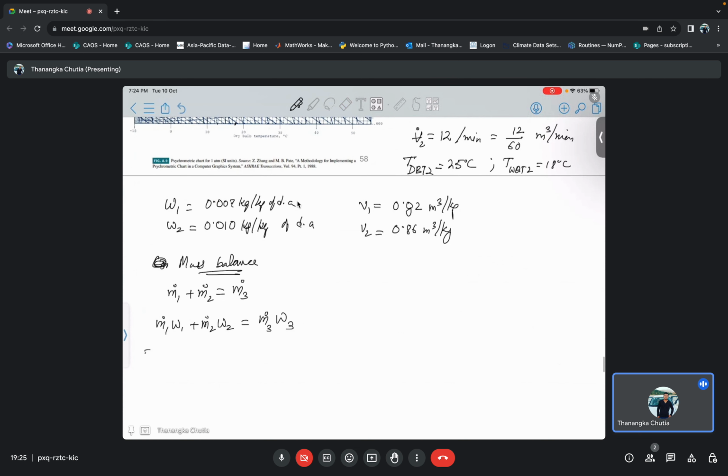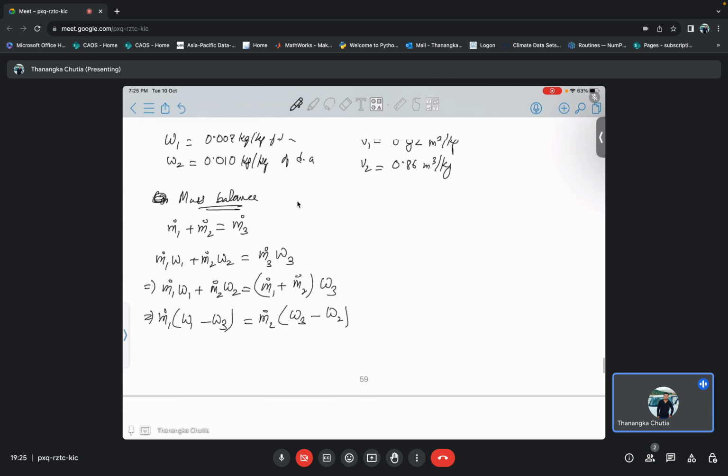Now this I can write again as m1 dot w1 plus m2 dot w2 equal to m1 dot plus m2 dot times w3. Now m1 dot times w1 minus w3 will be equal to m2 dot times w3 minus w2. So from here m1 dot by m2 dot will be equal to w3 minus w2 divided by w1 minus w3. Okay, this is my equation number 1.